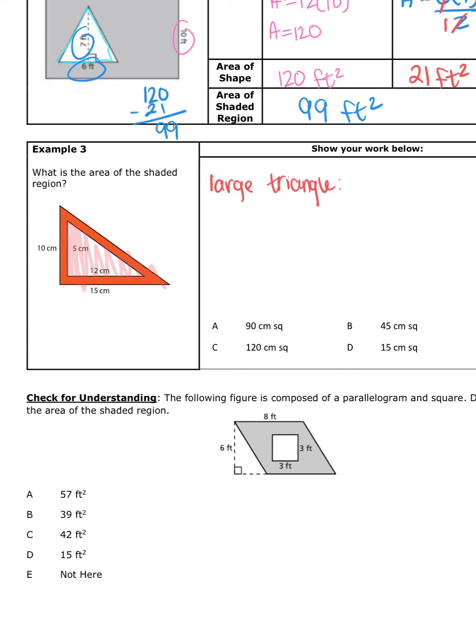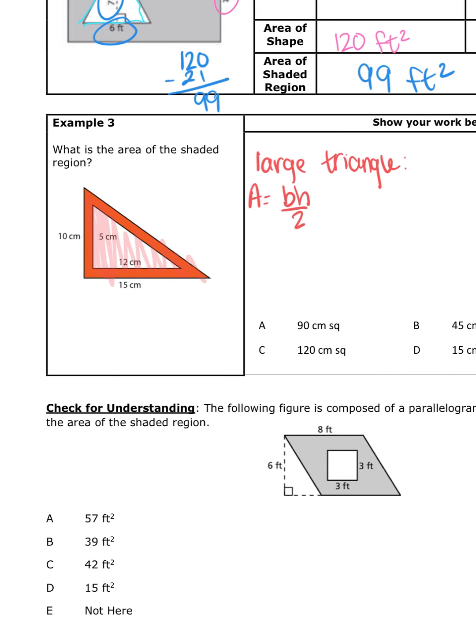So looking at my formula, its area equals 1/2 base height. But we've said that, again, that is the same thing as base times height divided by 2. So I can see, looking at this, that my base is 15 and my height is 10. So I can say area is 15 times 10 divided by 2.